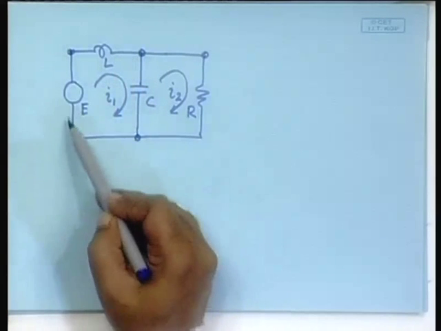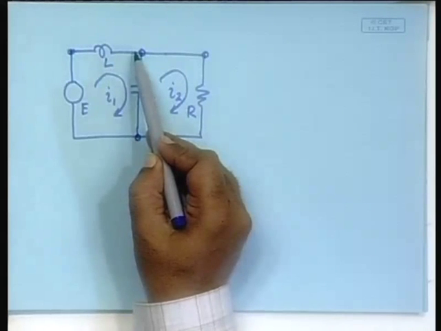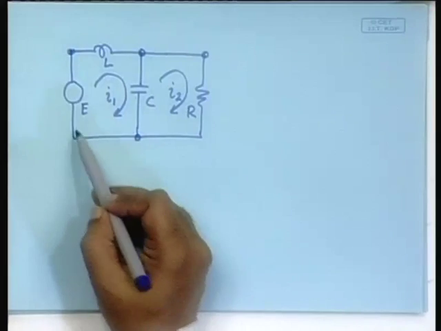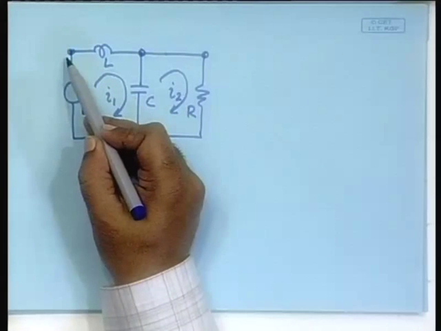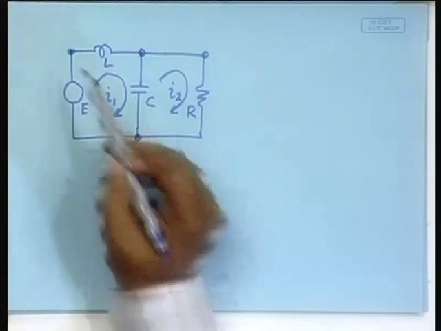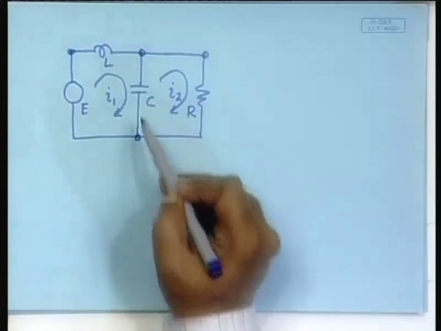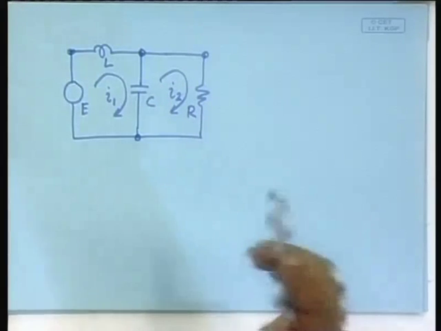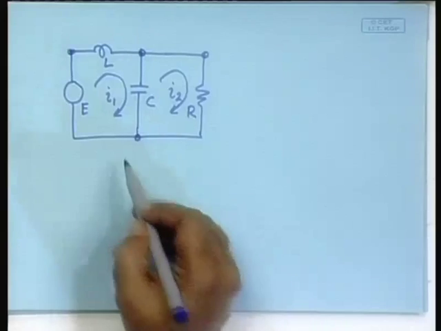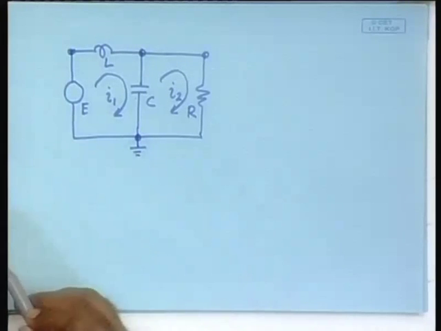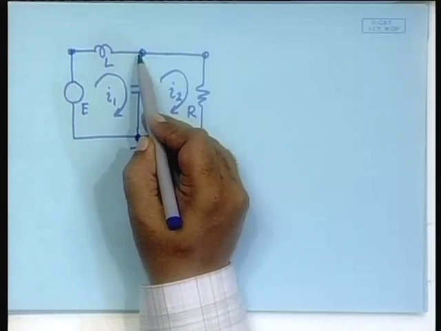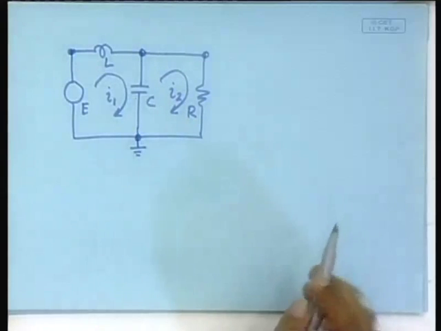Because there is only one branch connected to this and going on to this, and therefore, the Kirchhoff's current law will be a trivial equation. So, we will ignore that. So, effectively there are two nodes, and whenever you use that we always assume that one of them is at the ground potential, so that we measure the voltage of the other. So, that is the standard procedure, but let us see.